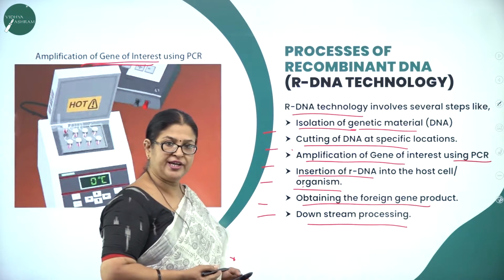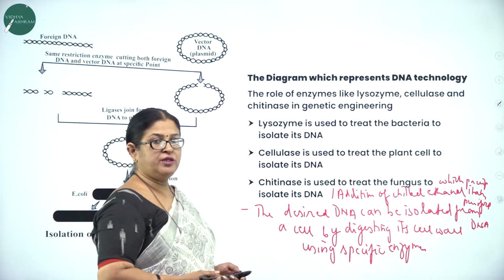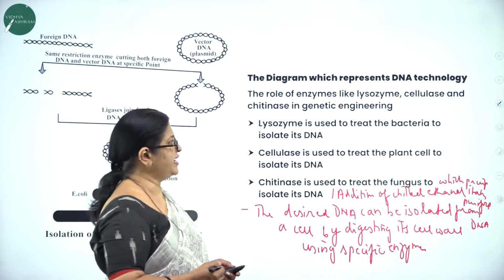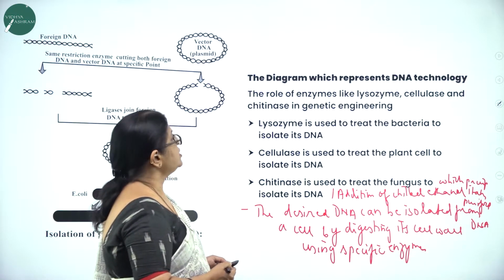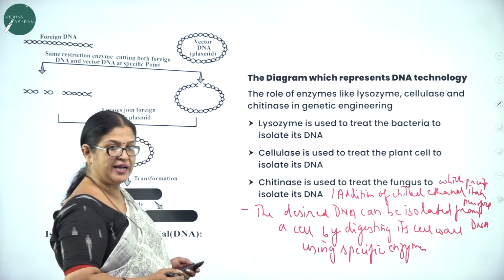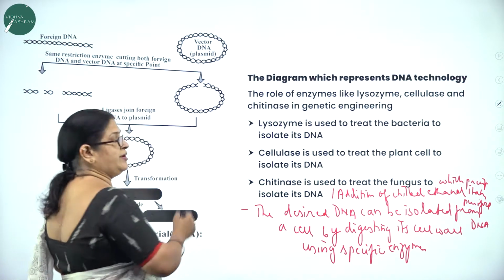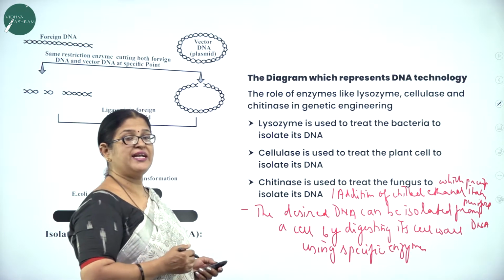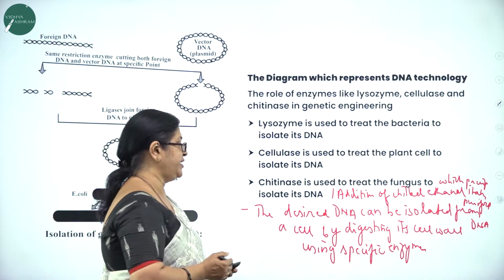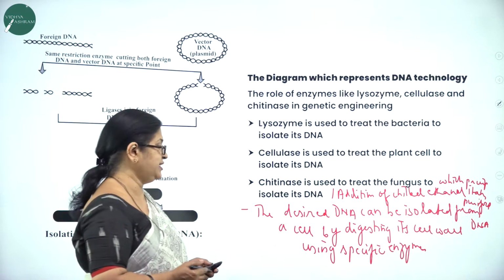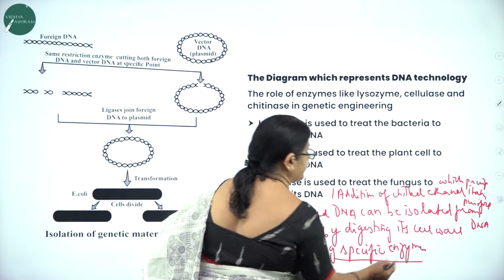Isolation of genetic material. Moving on to the first step, that is the isolation of the desired DNA. Here you can see the diagram which represents rDNA technology, and now let us understand the steps. As we know, the desired gene can be isolated from a cell by digesting its cell wall using specific enzymes.